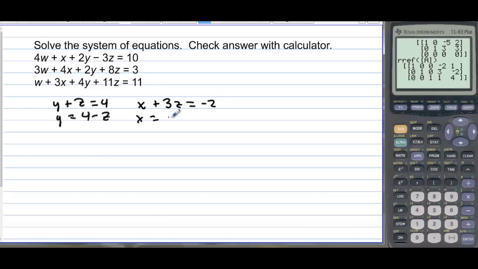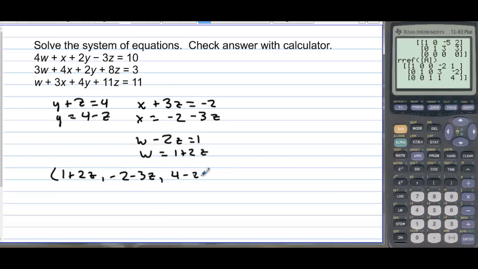So X is equal to -2 minus 3Z. And then on top we have W minus 2Z is equal to 1. So W equals 1 plus 2Z. We have 1 plus 2Z, comma, X is -2 minus 3Z, Y is 4 minus Z, and then the last one will just be Z.